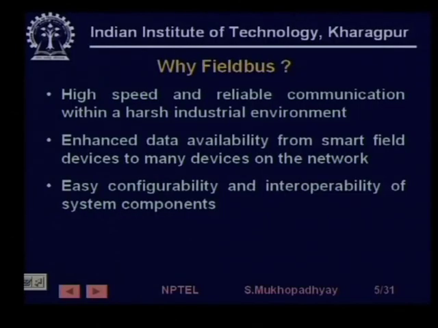Then easy configurability and interoperability of system components. This is actually very important. A process automation system contains hundreds and thousands of various kinds of electronic components. So, if you want each one to talk to another, exchange data in a format which is acceptable to the other, and make meaning of the data which it receives from the other, then you need to configure them properly.